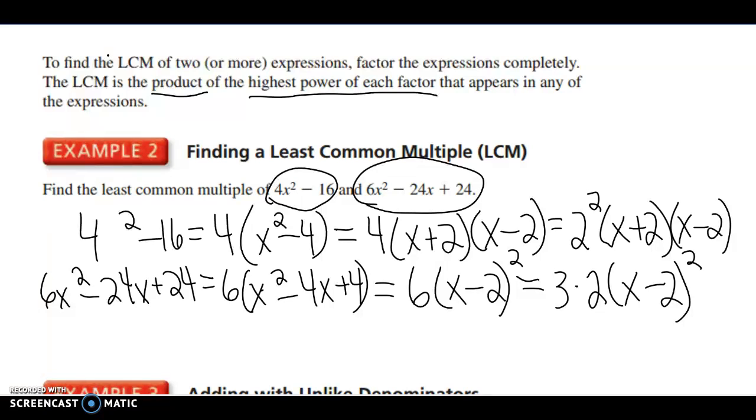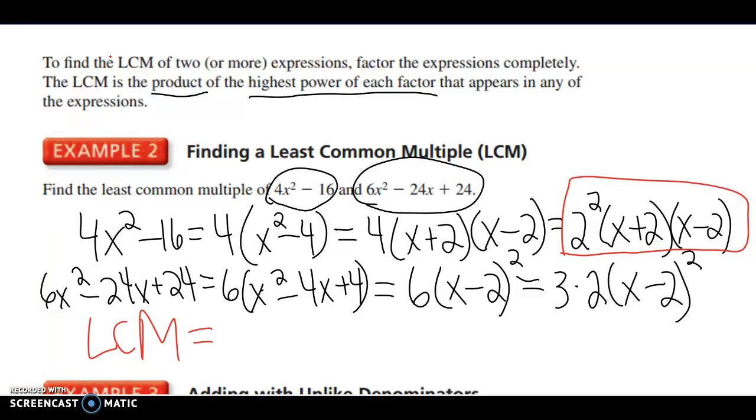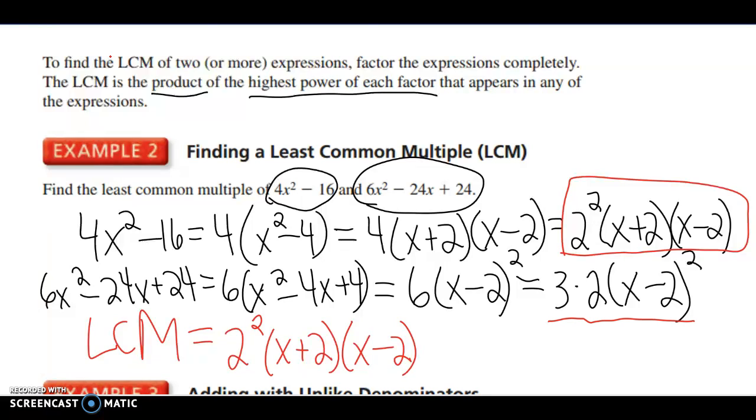From here, a shortcut or a little trick to doing this is going to be taking the first factor and then just adding whatever you're missing to get the LCM. So the LCM is going to be 2 squared times x plus 2 times x minus 2. And then look at this factor here, and what am I missing?